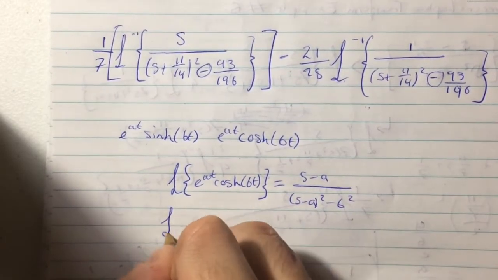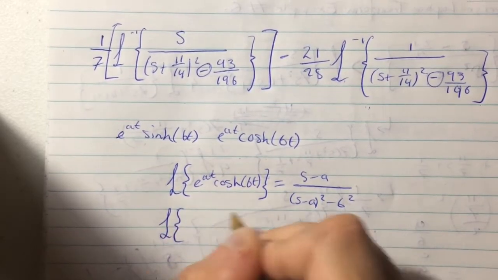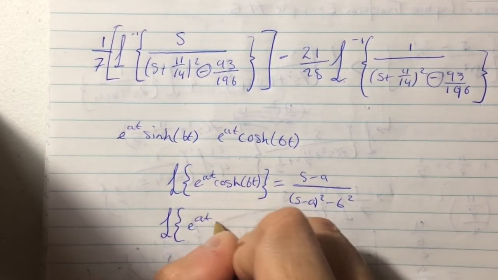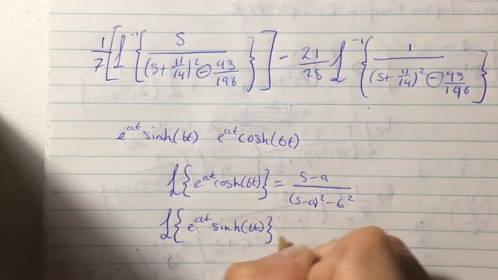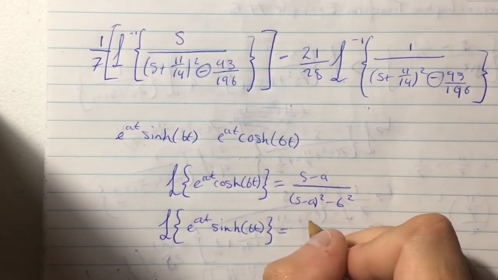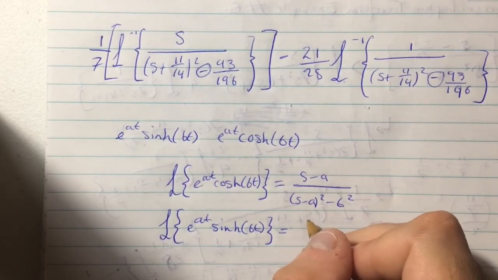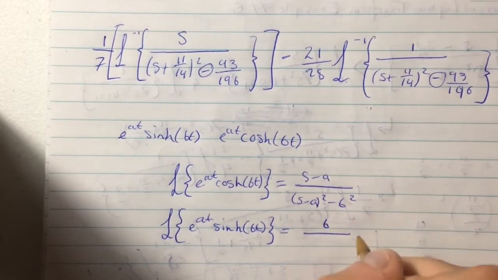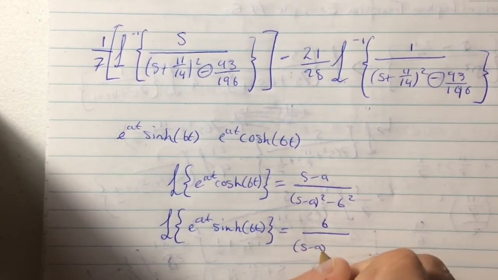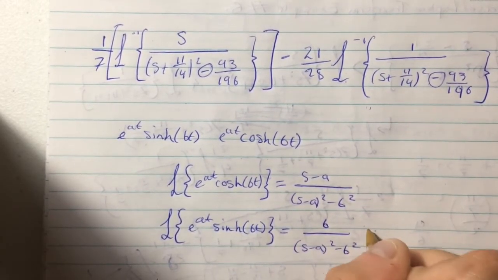And the Laplace transform of e to the at hyperbolic sine of bt is equal to, I have to look, sorry, forgive me. That's just going to be b over s minus a squared minus b squared.